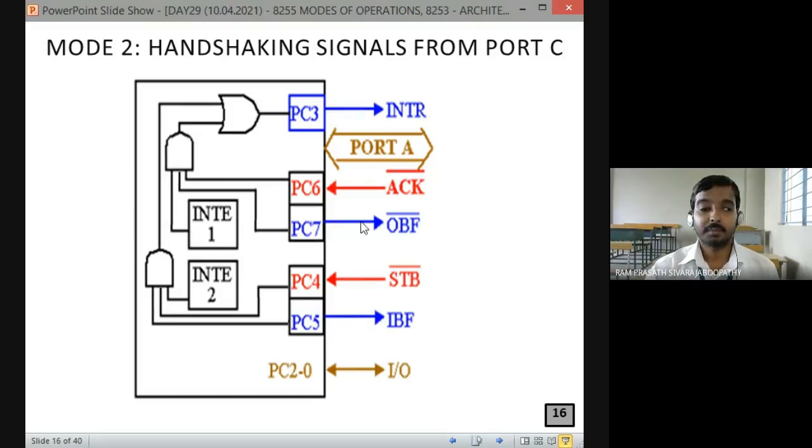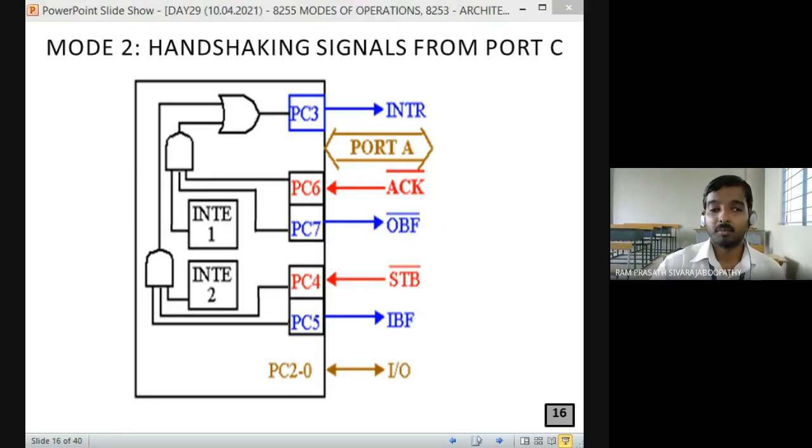Fine. So at this point of time, PC2, PC1, PC0 is going to be used for IO operation. Suppose you consider this case: port A mode 2-லயும் port B mode 1-லயும் configure பண்ணா என்ன ஆகும்? What about port C pins? Assuming port A configured in mode 2, PC3, PC4, PC5, PC6, PC7 எல்லாமே handshaking signal-க்கு போயாச்சு.